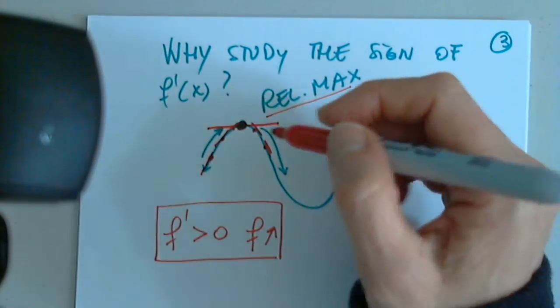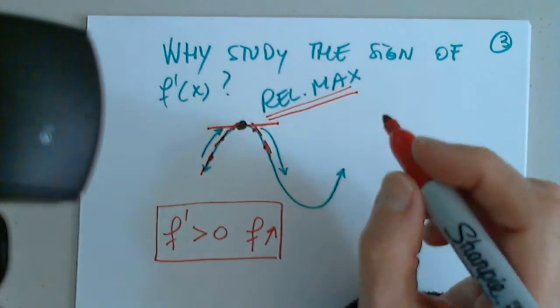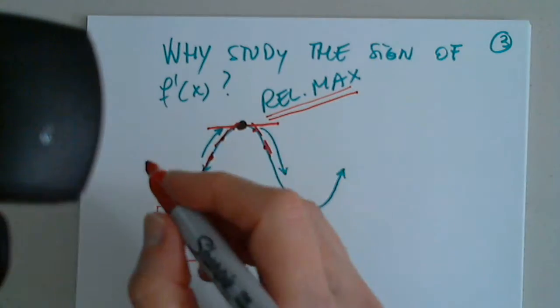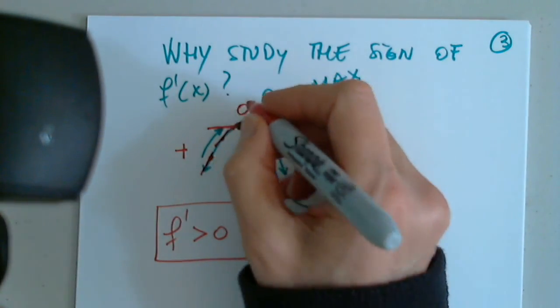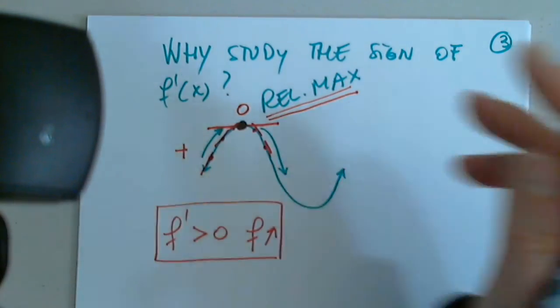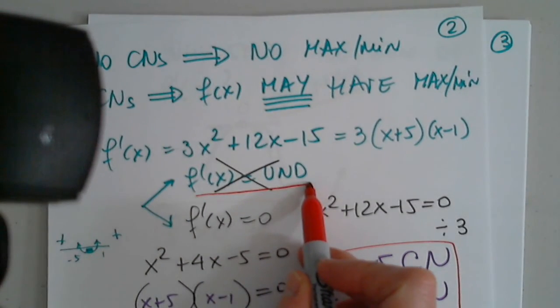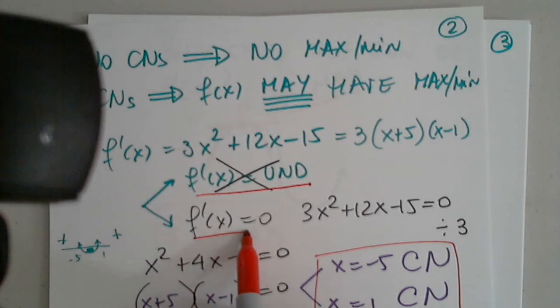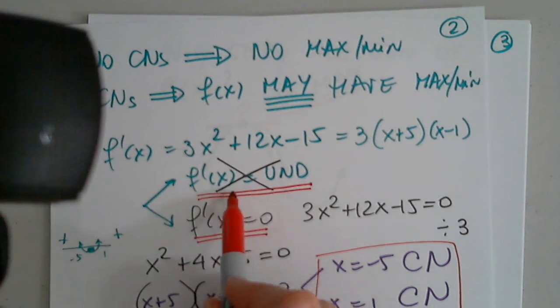So now what we notice here is that a relative max requires a positive slope, a 0 slope, or undefined. What do you mean by undefined? So this means a 0 slope, and this means a slope that is undefined.